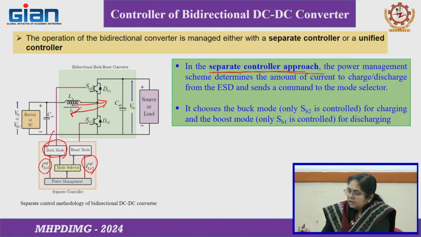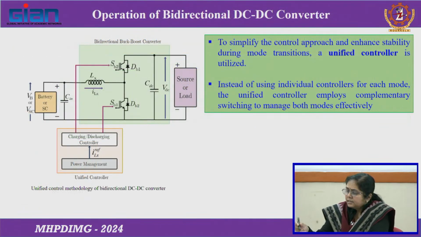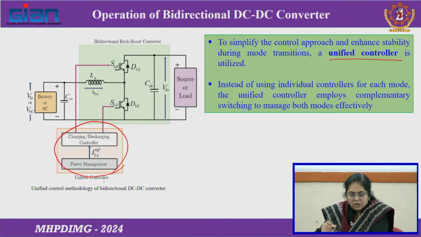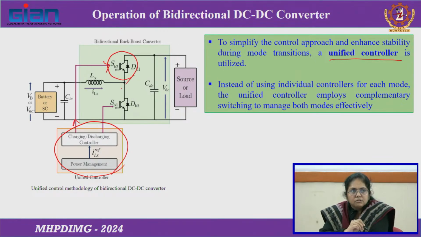Now what we are normally going to use is what is called the unified control approach, where I will come to the controller and show you what the control approach is. Here the controller will generate the duty cycle. When the upper switch is on, which mode is that?